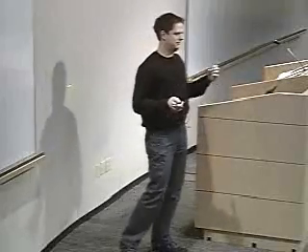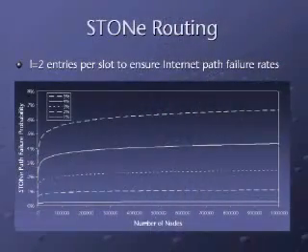In addition, we use L entries per slot to improve resilience. So every node has 2 alternatives. If one link is broken, it just sends the message to the second choice.